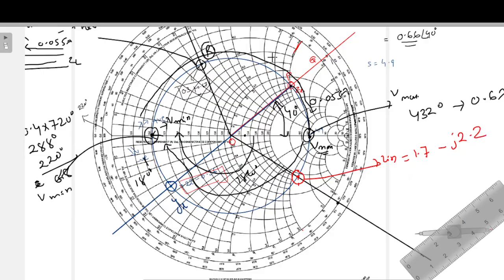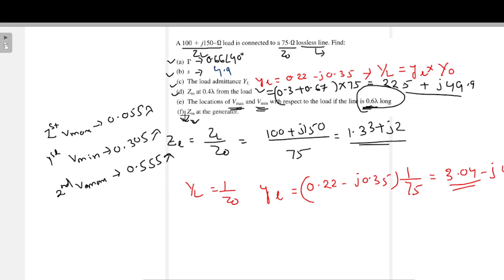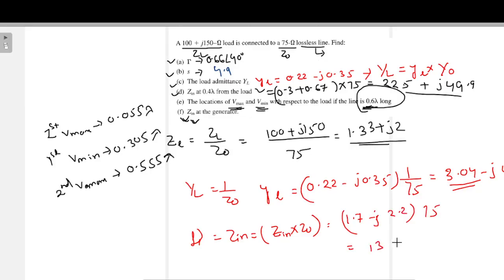Now this is the normalized impedance value. So for question F, Zin equals 1.7 minus j 2.2 times the characteristic impedance 75. If I calculate, that will come around 134, I am not giving an exact value, minus j 165 ohms.